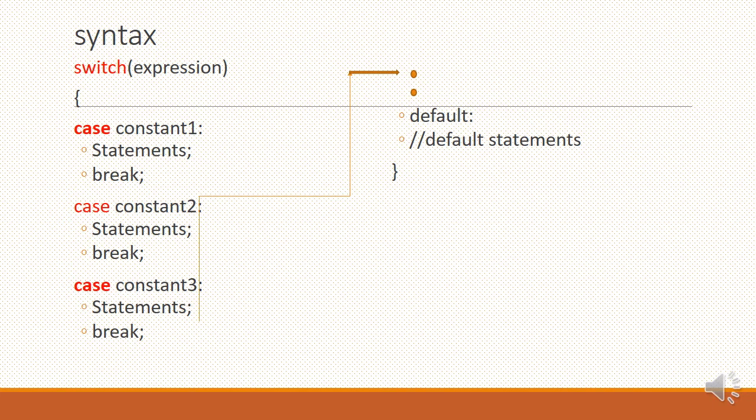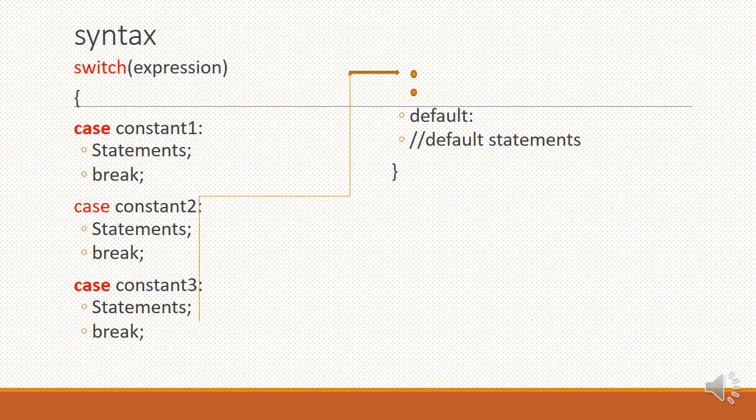Remember that there is no semicolon here. Then an opening brace, case and a constant one. Afterwards you write the statement and the break. You come out from a case using the break keyword. Here break, case and switch are keywords.